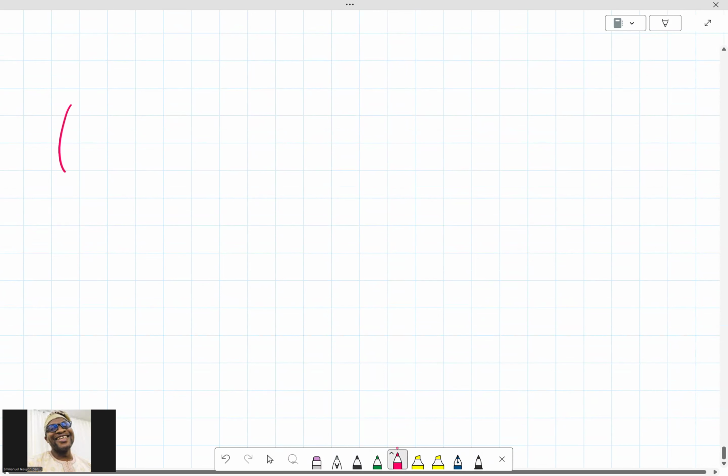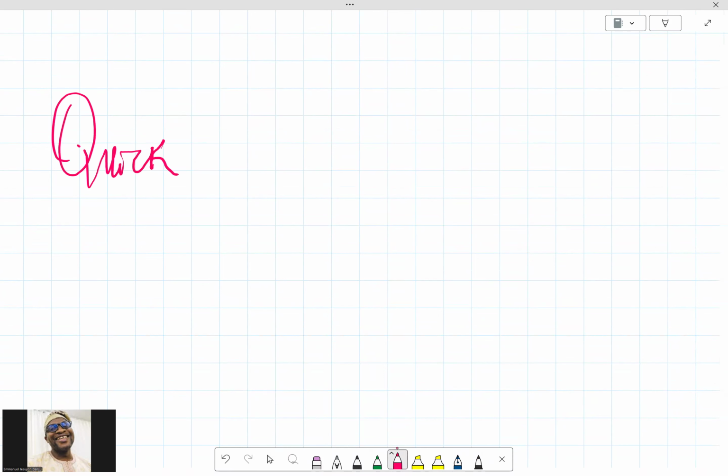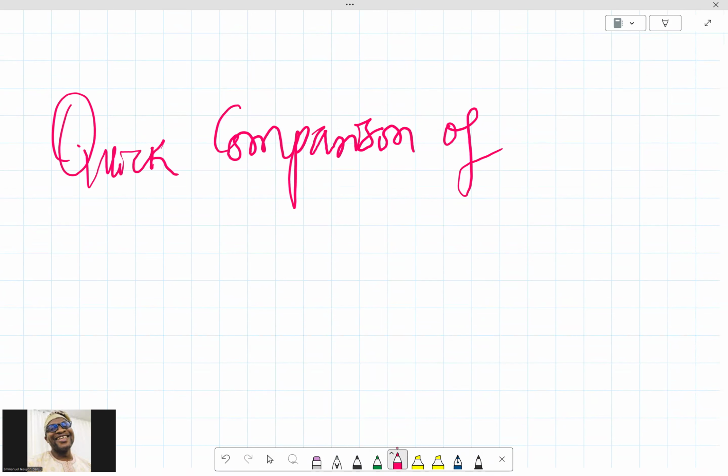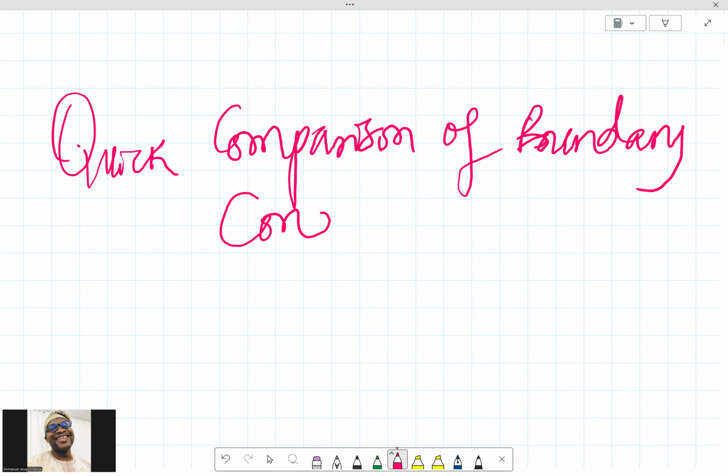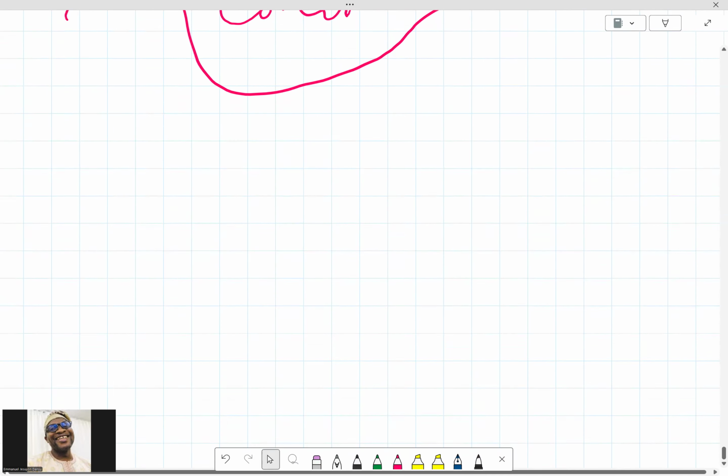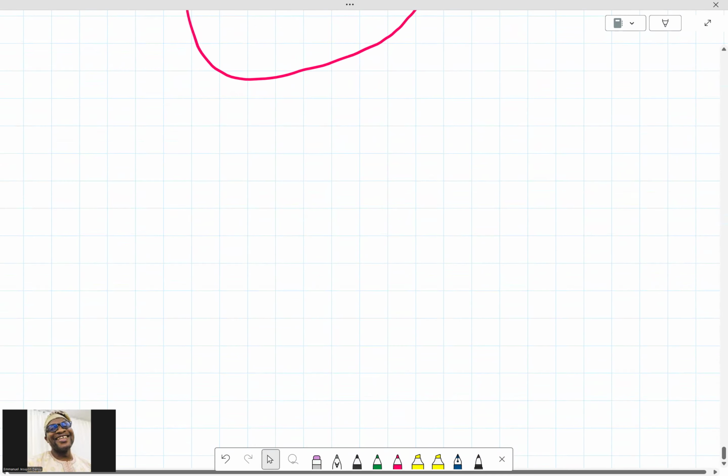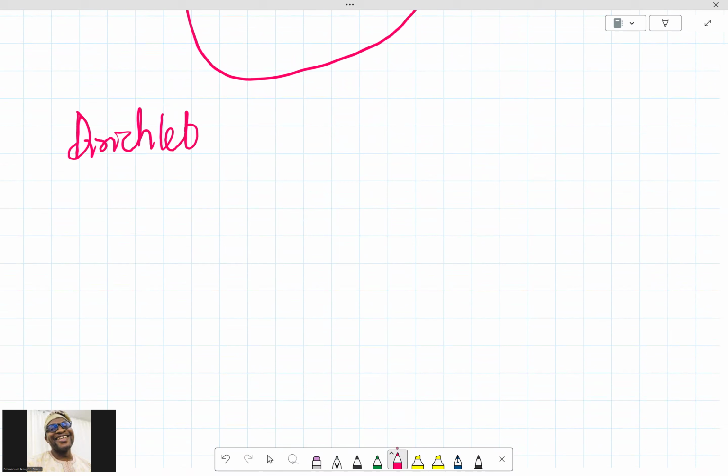So it's a quick comparison of boundary conditions. So let's just do the Dirichlet boundary condition.